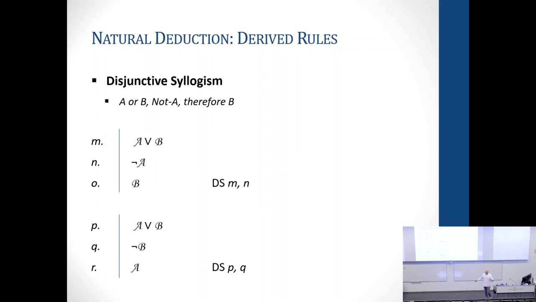It says just what I said: if you have a disjunction and the negation of one of the disjuncts, you can derive the other one. Because again, if you know A or B, and you know it's not B, then it must be A. Or the other way around, A or B, you know it's not A, it must then be B. Disjunctive syllogism just saves you a bunch of steps, and you cite the disjunction and the negated disjunct. Cool?